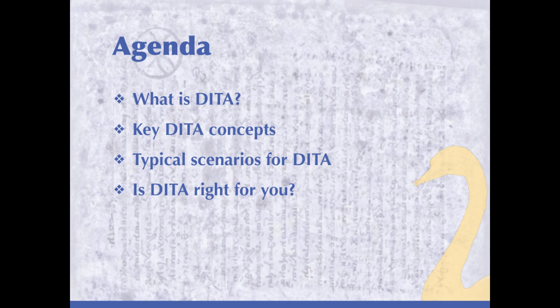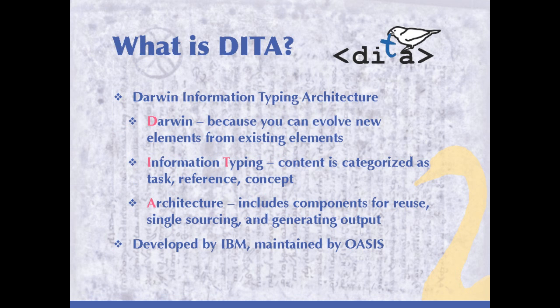So DITA, or as they say in Europe, DITA, is the Darwin Information Typing Architecture. And that particularly unwieldy acronym, Darwin, comes from the concept of evolution and the fact that you can derive new elements from the existing elements that are provided in the baseline architecture.